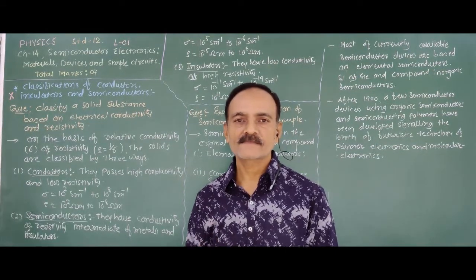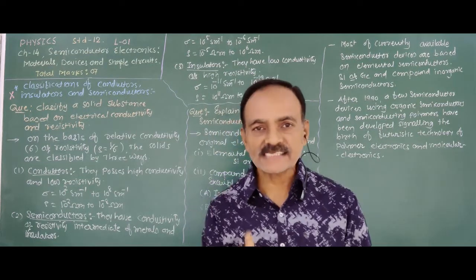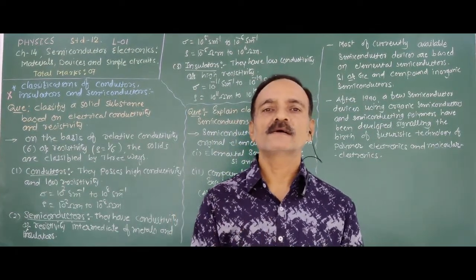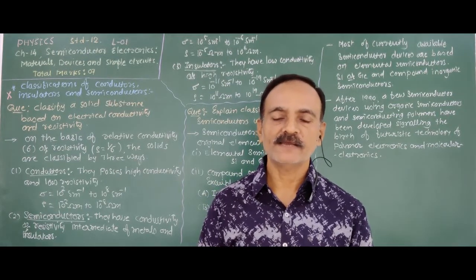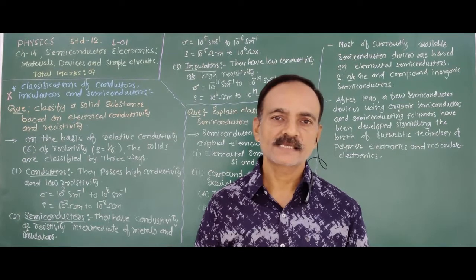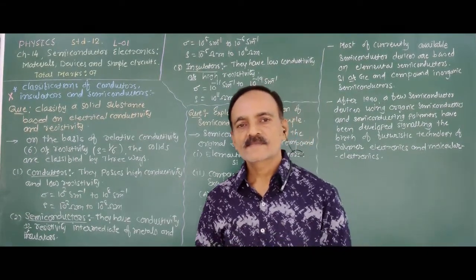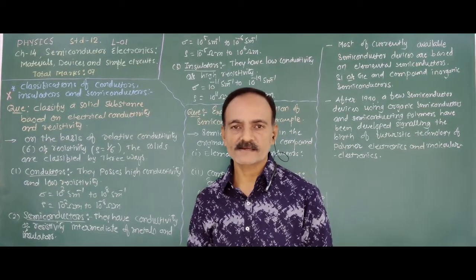Clear this thing? While for the metal, as the temperature increases, the conductivity of the conductor decreases. Clear this thing? That is the main difference between the conductor and semiconductor.